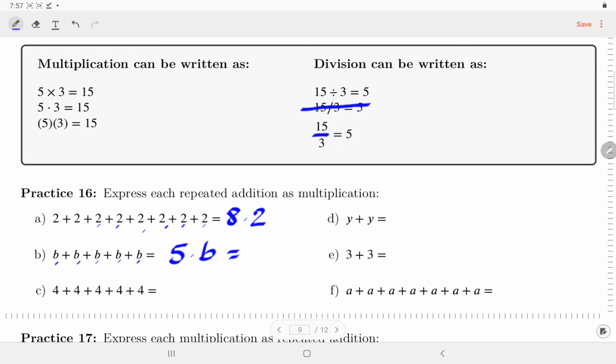Usually, we do not show any multiplication sign between a constant and a variable such as a, b, x, so we can write it as 5b. Let's try C. Complete the practice and check your answer.